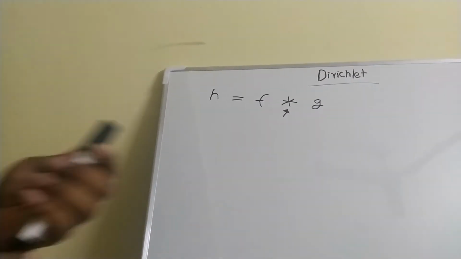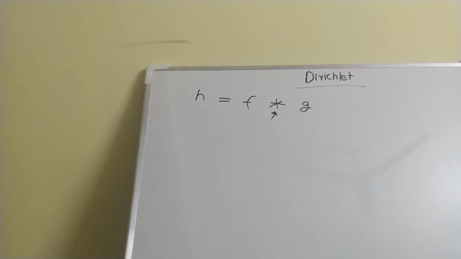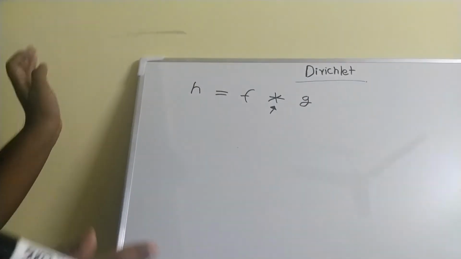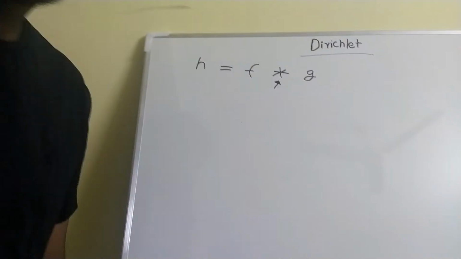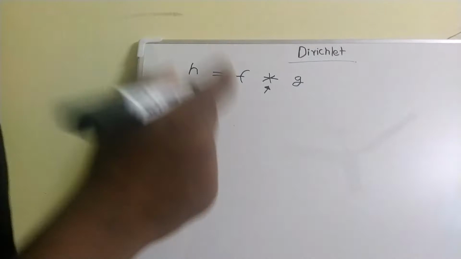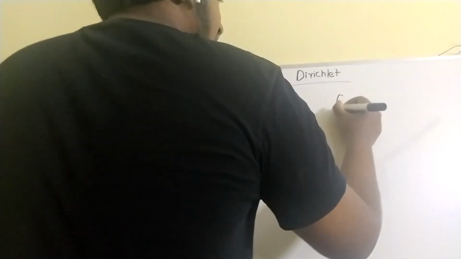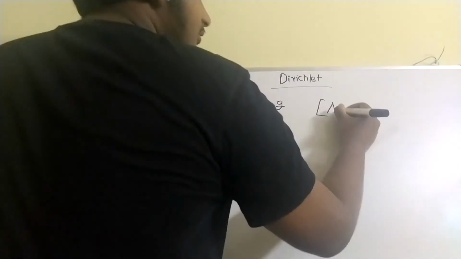But first, what is dielectric convolution? Before that, we need to talk about these two functions. f and g can be arithmetic functions. Let's talk about range and domain. f and g map the natural numbers to the complex plane.